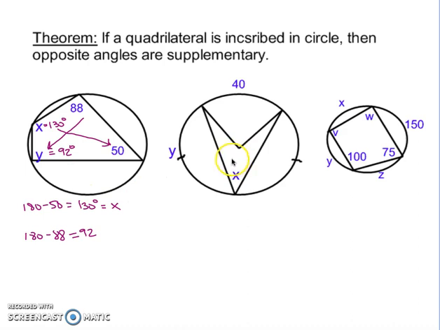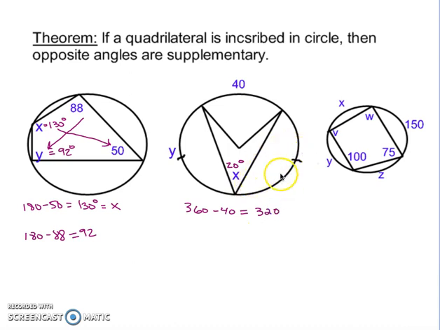On this next example, our second example, its intercepted arc is 40, we can see here. So that means that x has to be half of that, so x is equal to 20. Again, there's 360 degrees in a circle, so if I know this arc is 40, then I can take 360 minus 40, and that leaves me with 320.